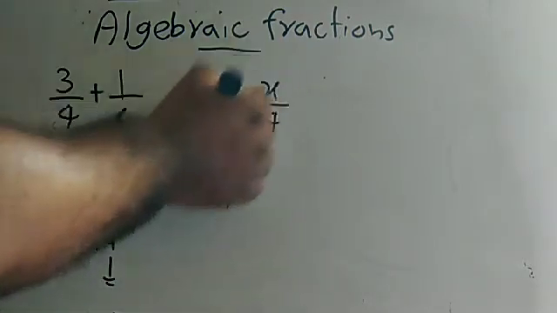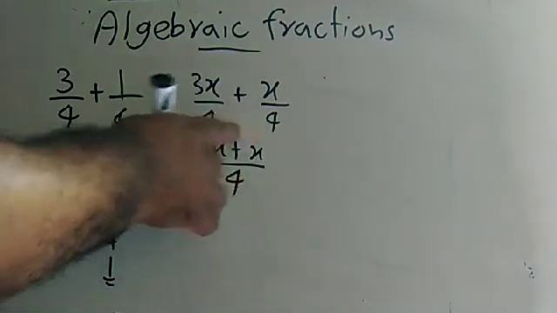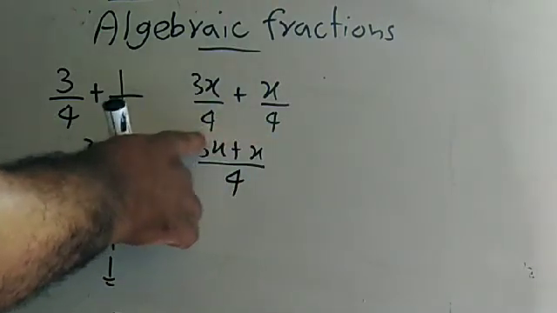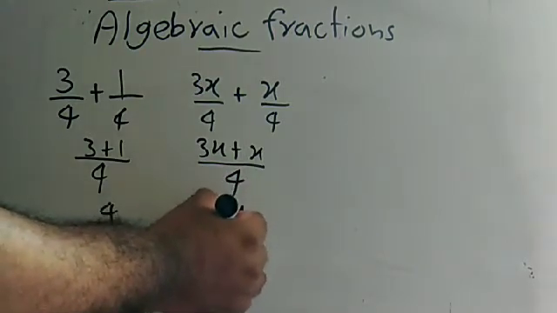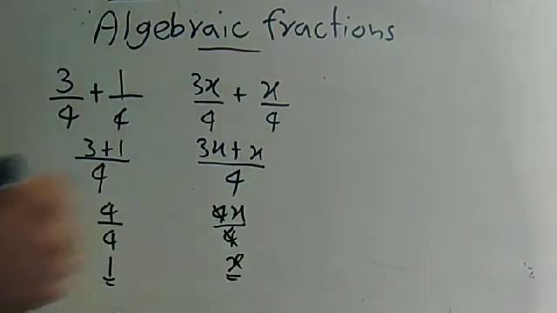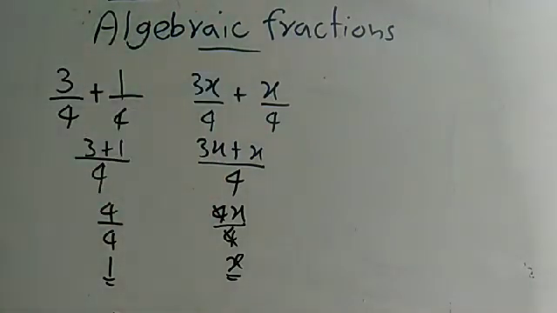Now you can add 3x plus x. These are like terms, 3x plus 1x, 4x upon 4. Now 4 and 4 cancel, remaining is x. Understand? This is how we do it when the denominator is equal.